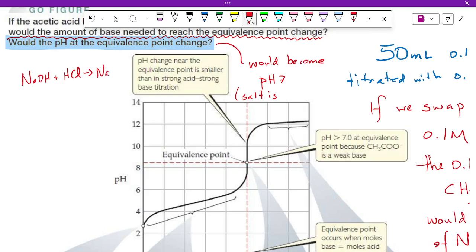NaCl. And when you see a salt, what should you ask yourself? Hydrolysis, is there any?